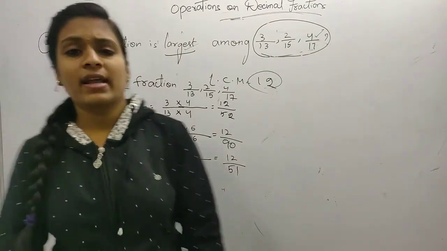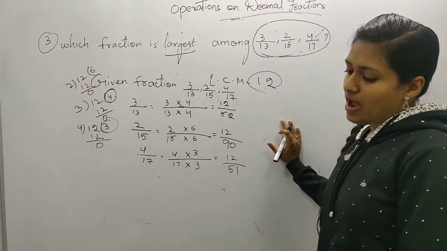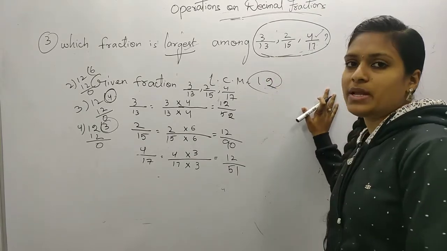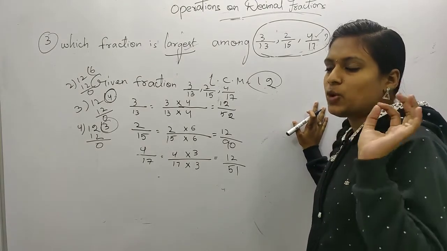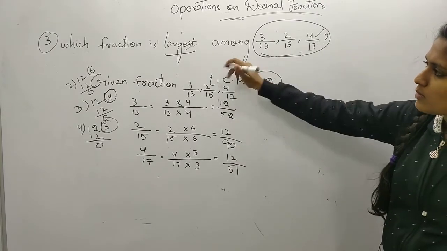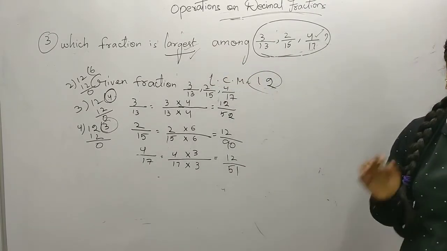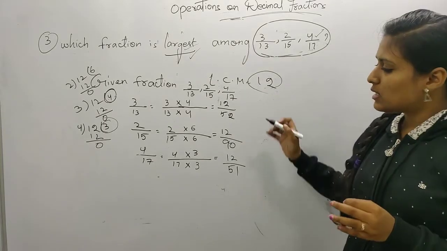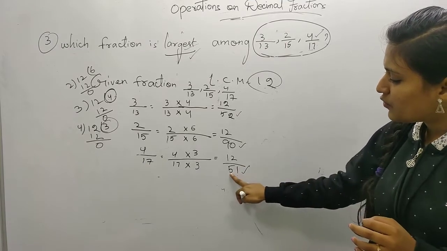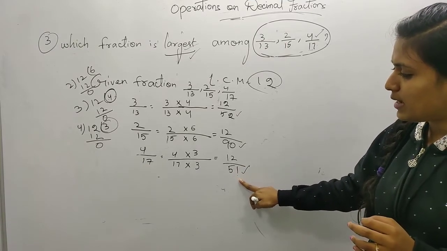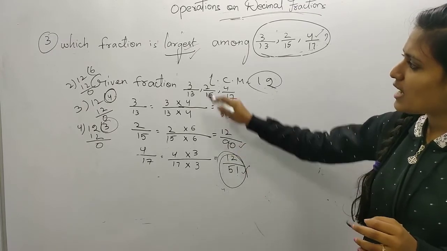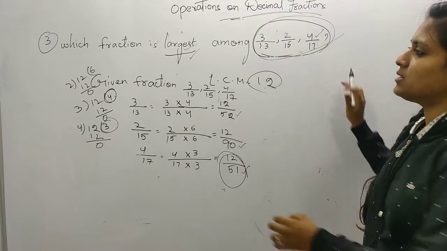Now we have already found the values. We have to find which one is the largest among these three fractions. Just a trick, keep in your mind that the numerators are the same, so we have to find the largest one: the smallest denominator. Which one is the smallest denominator? 51 is the smallest denominator. Means this is the largest among these three fractions.